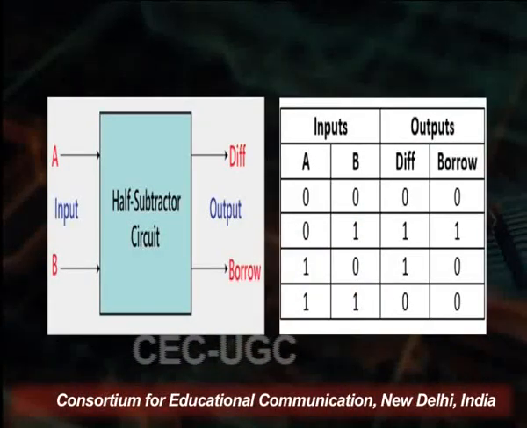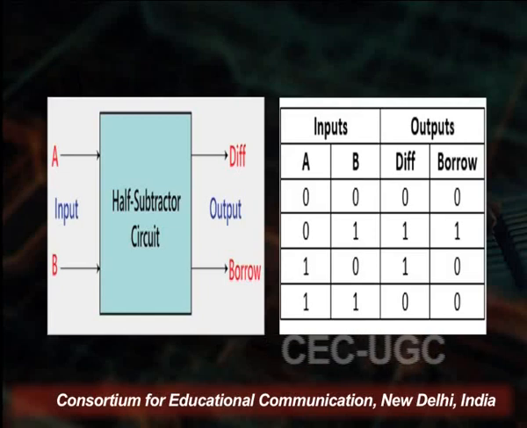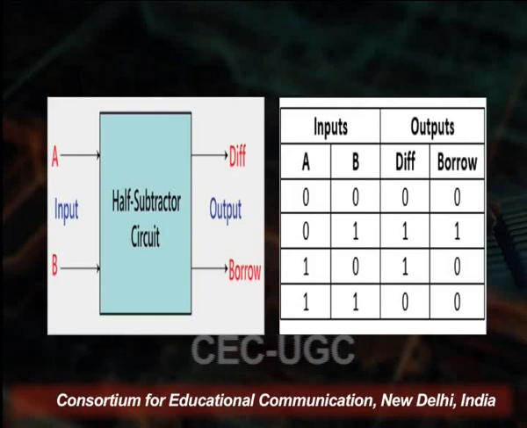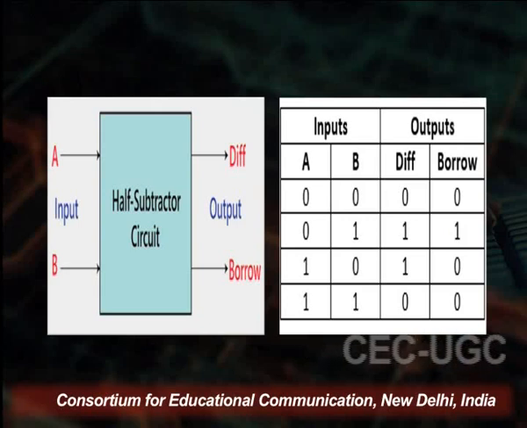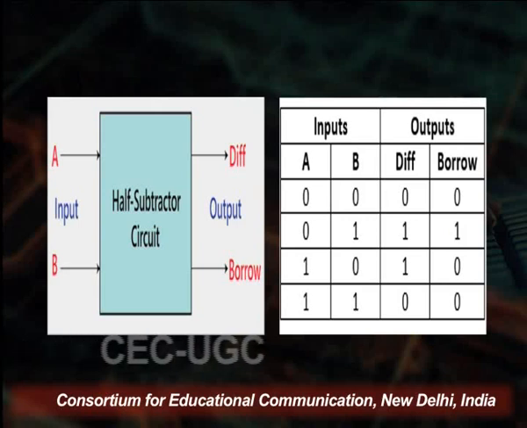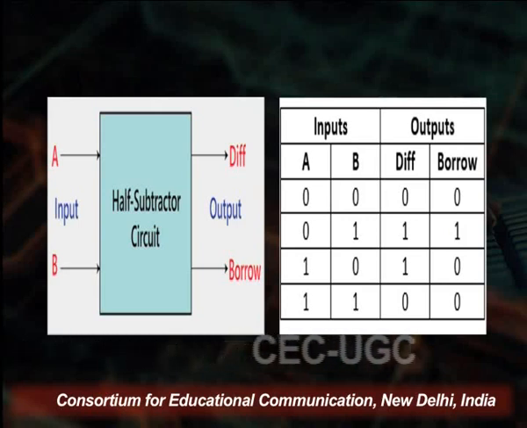Again, going through the circuit diagram or maybe a block diagram first, the half subtractor circuit, you see 2 inputs A and B, 2 outputs. One is a normal difference that we do because it's a subtraction that we're going to do through this circuit. So like a mathematical expression, we will have a difference here, and in a normal arithmetic expression also we do borrow numbers, so we have a borrow output here in this case as well.